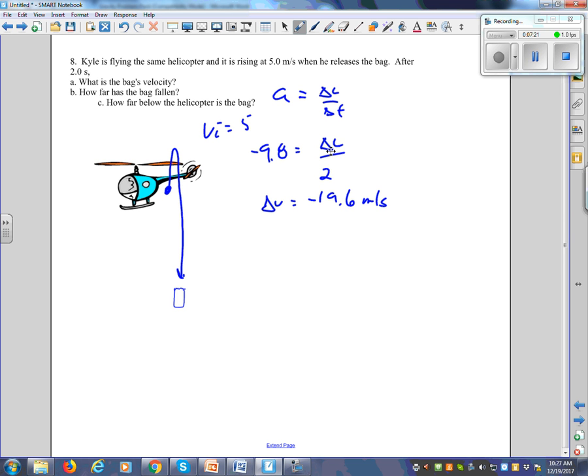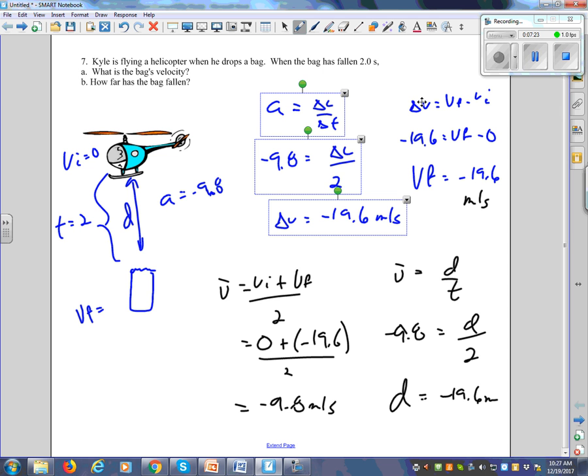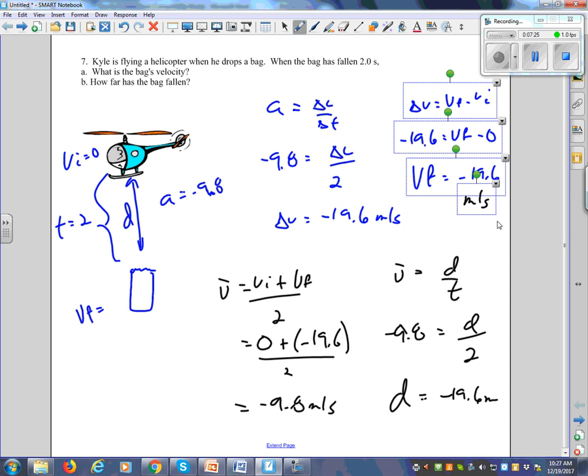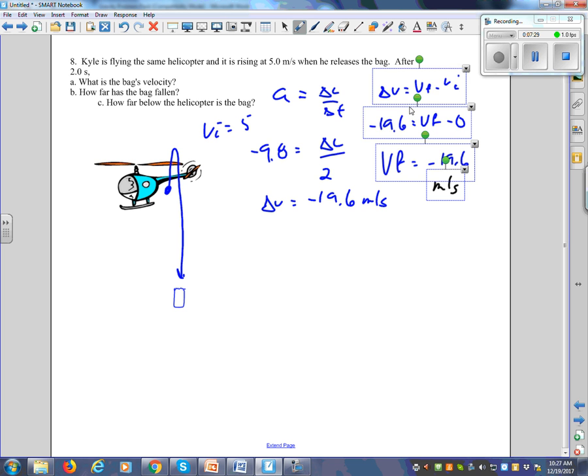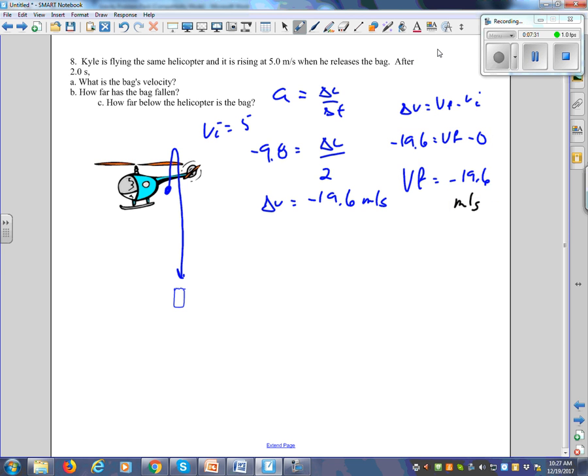Okay, so that's the same. What about the next step? Will all this be the same? No. Why not? Because the VI is not 0, is it? It's going to be VF minus a plus 5. And when that minus 5 goes to the other side and becomes plus 5, my VF is not going to be minus 19.6 anymore.